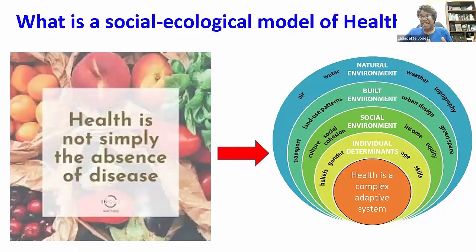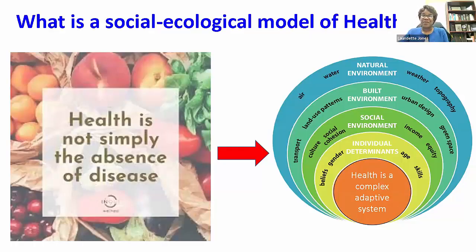Matter of fact, they have a social environment that impacts them, both within their community, their culture, whether they have high income, low income, and that community is really structured around this built environment. I was looking in the chat, seeing that you come from all over the US, some may be in urban cities, some maybe more in areas with more land use or different transportations and more green spaces.